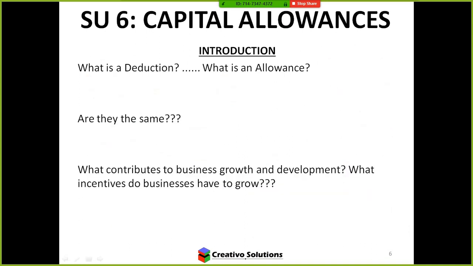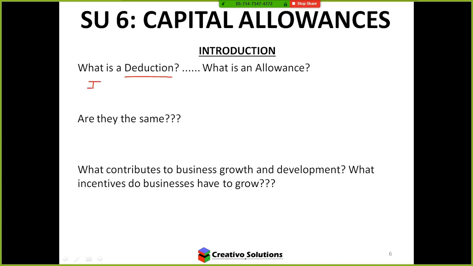So are the systems the same? Definitely not. If I'm looking at a deduction, we also spoke about this earlier, so let's see if you remember. What is a deduction? What does a deduction relate to? Something that can be left out or taken out.